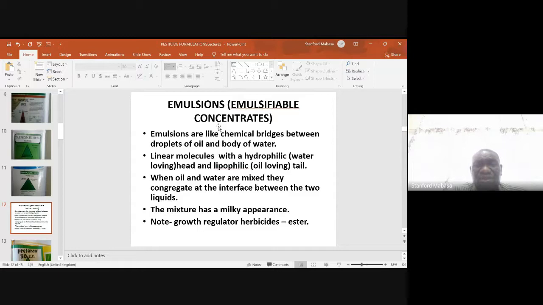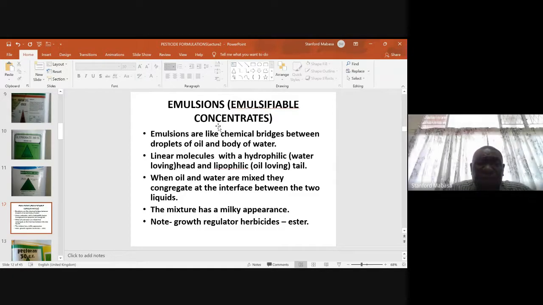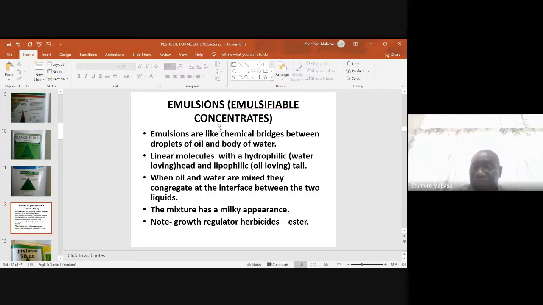If you want to look at the chemistry of the mixture, you have linear molecules with a hydrophilic, that is water-loving head, and a lipophilic or oil-loving tail. That is when you want to understand the chemistry of these materials.